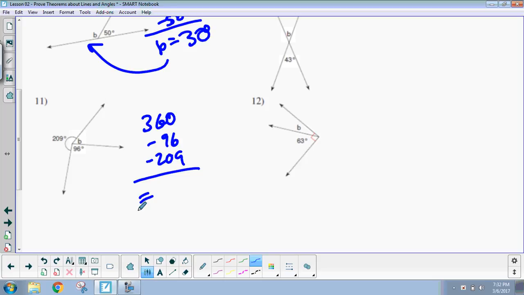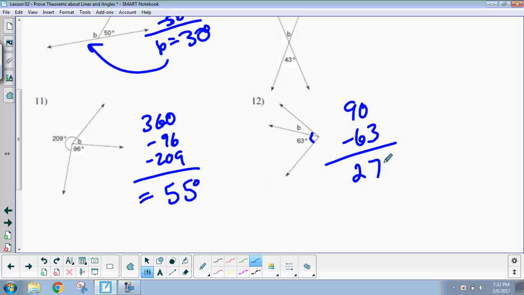We get 55. Over here, that little box tells me these are 90 degrees. So 90 minus 63. I felt like I've done this one. 27. Right? You tell me. Yeah, I'm right.